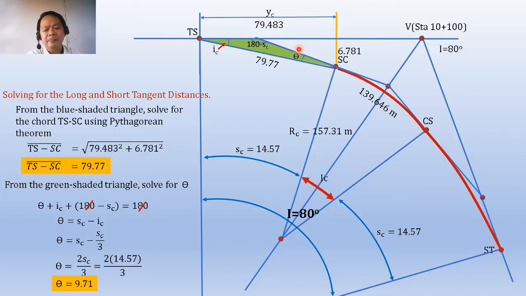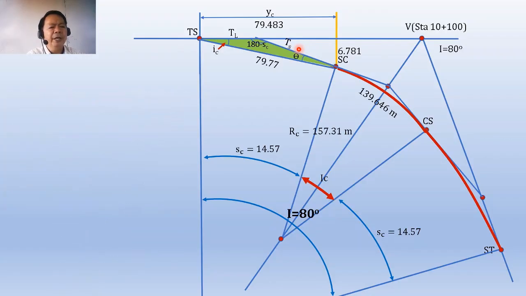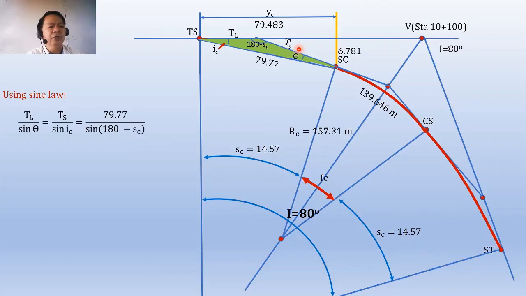Hence, we can compute those values by using our sine law, that the ratio of TL to the sine of its subtended or included angle, the opposite angle, will be proportional.